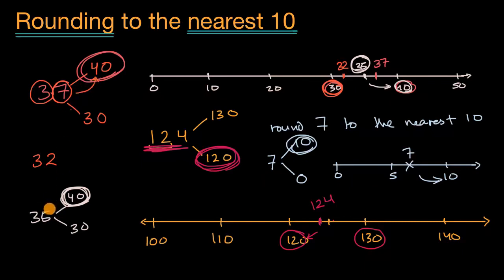Here, if your ones place is greater than or equal to 5, it's 5 exactly in that situation, so it's equal to 5. Once again, you round up. If your ones place is less than 5, well, in this situation, we round down. If your ones place is less than 5, you round down.